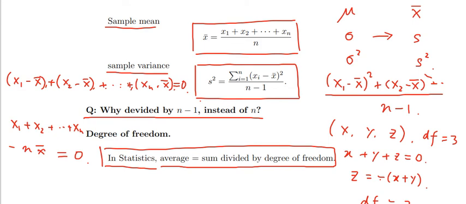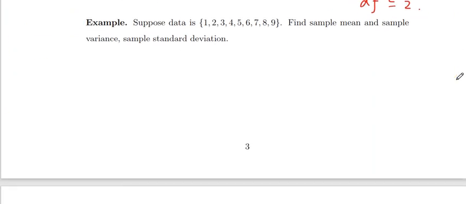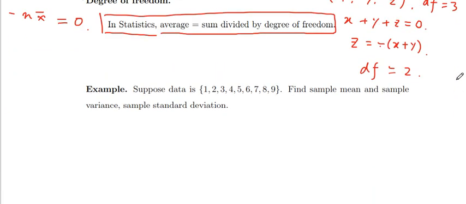Okay, so once we have data, we can find the sample mean, sample values, right? So let's say, for example, suppose data like this, we want to find the sample mean and sample variance. And sample standard deviation, so take a square root, right? This is just a calculation. So let's say sample mean x bar. The data is this one.